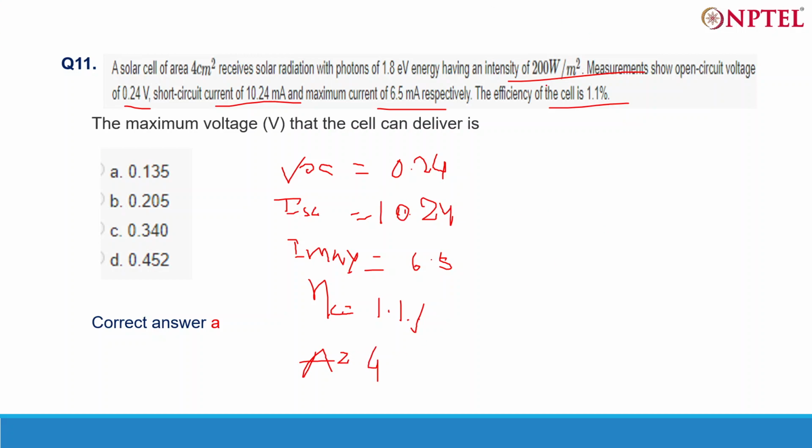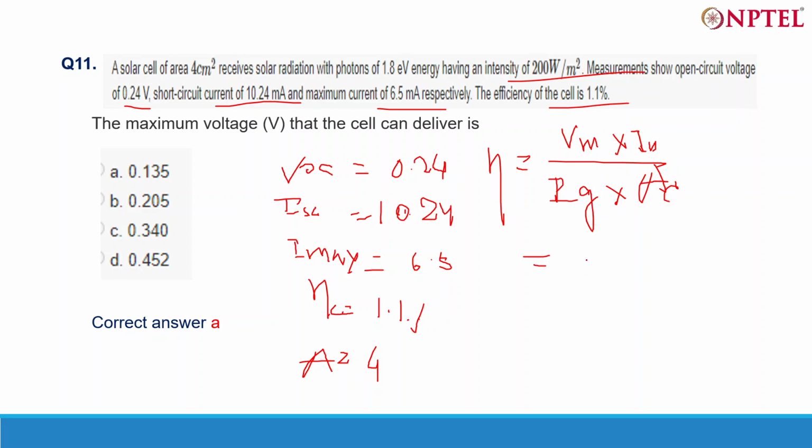So efficiency is V max into I max upon intensity into area. The intensity is 200 watt per meter square.